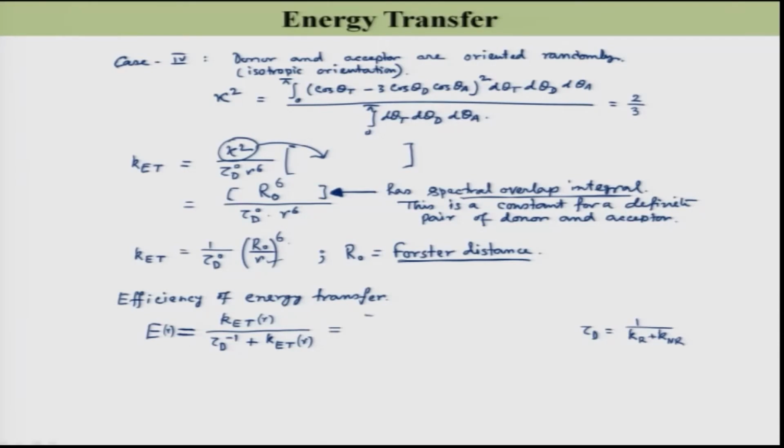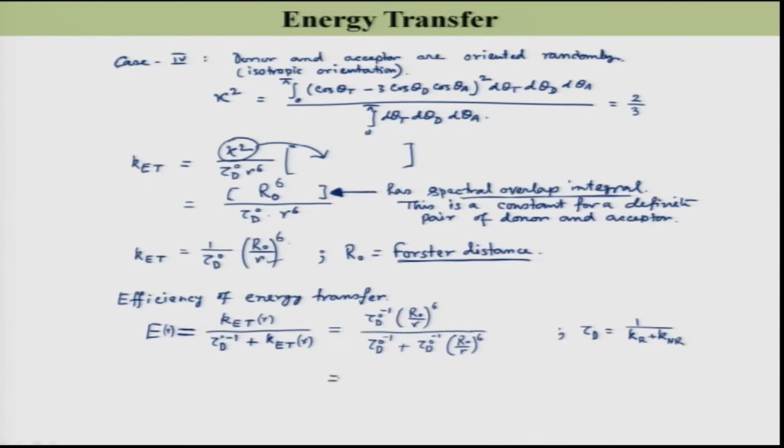If you do that, this will be tau d 0 inverse into r 0 by r to the power 6, divided by tau d 0 inverse plus tau d 0 inverse into r 0 by r to the power 6.